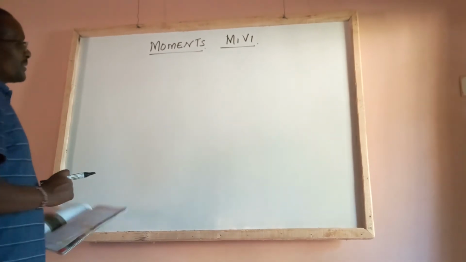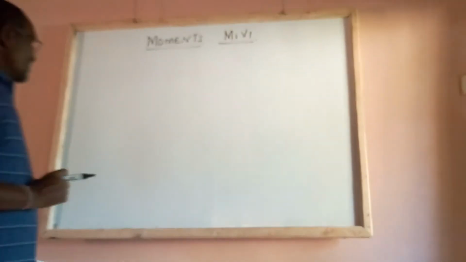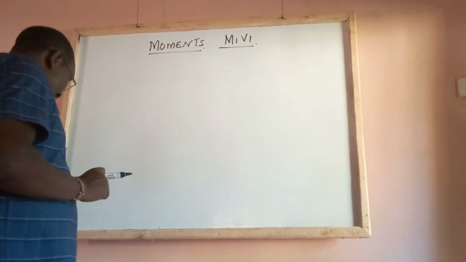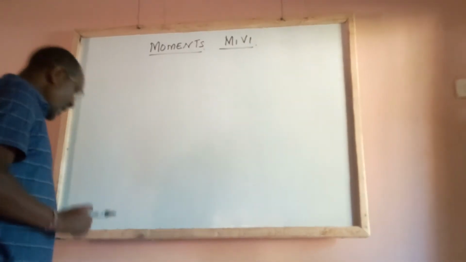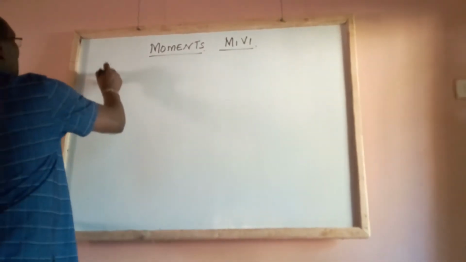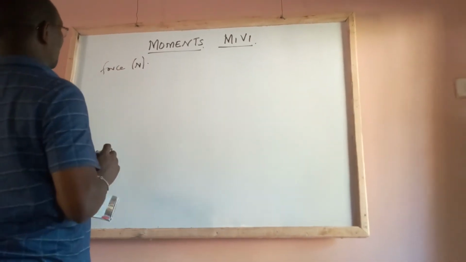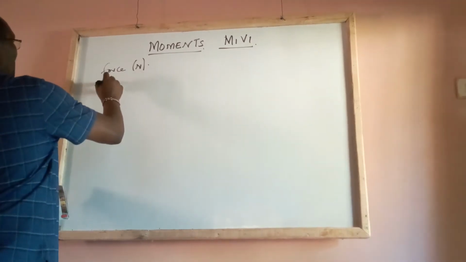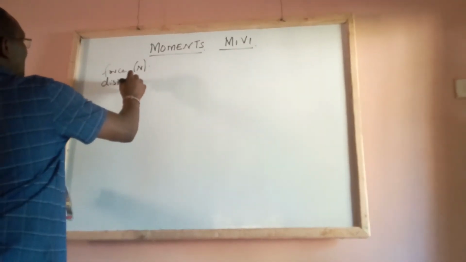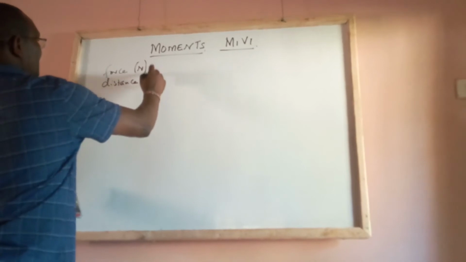That may seem a bit confusing, but once we have a diagram like in example 1, of course you're talking about the force. The force has its units in newtons. We are talking about distance, and the distance is in meters.